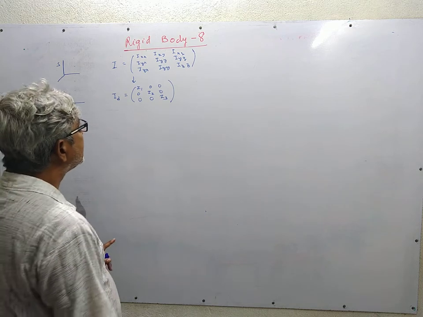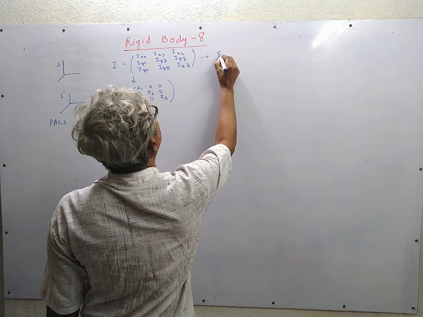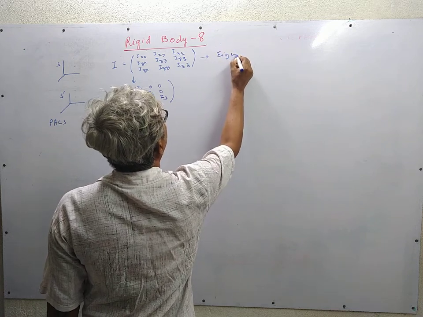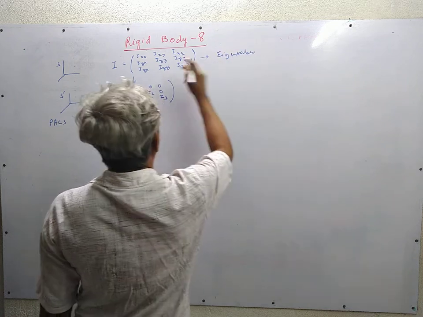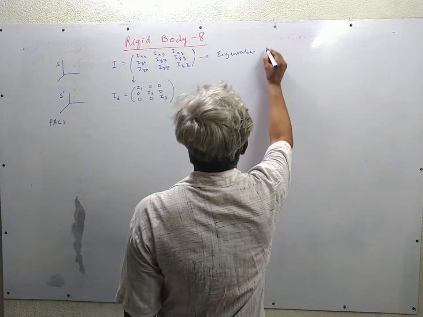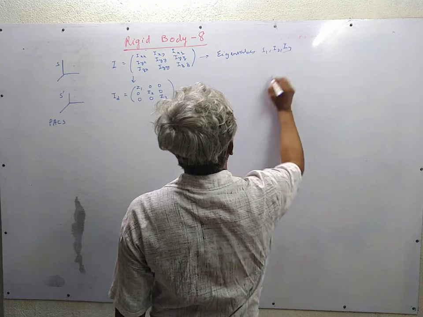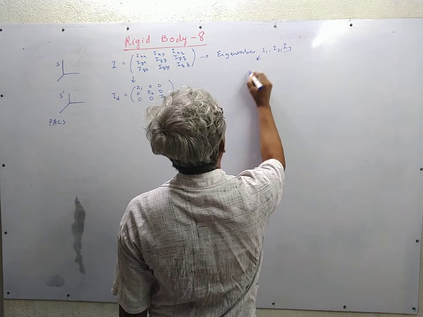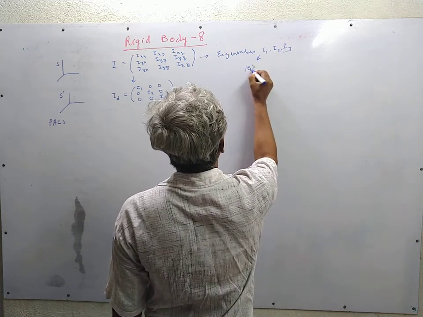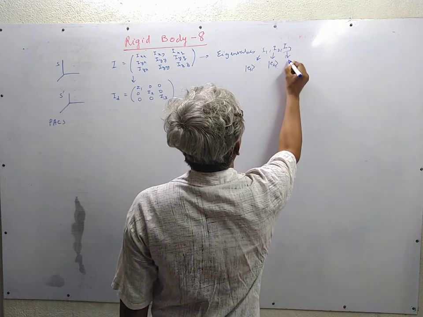We consider the eigenvalues of this matrix. Being a real symmetric matrix, that is a Hermitian matrix, the eigenvalues are real. The eigenvalues are I1, I2 and I3, and correspondingly we have eigenvectors E1, E2 and E3.